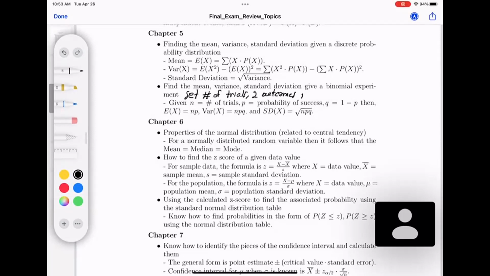Anyone know the other 2? So the probability of success, P, remains constant.